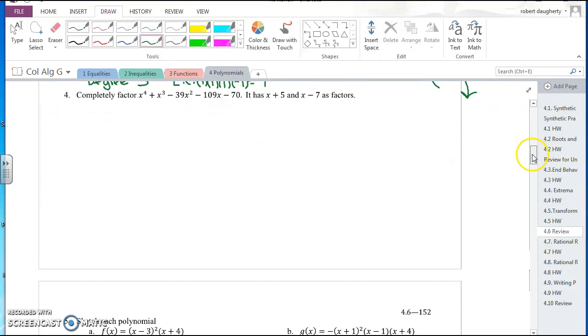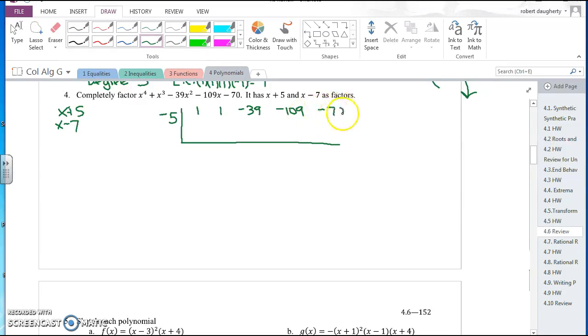Number 4, again using synthetic division to do complete factoring. So here I start with a fourth degree, but I know two of the factors. So I've got x plus 5 and x minus 7 as factors. So let's start with the negative 5, and let's do the first synthetic division. So that will be 1, 1, negative 39, negative 109, negative 70.